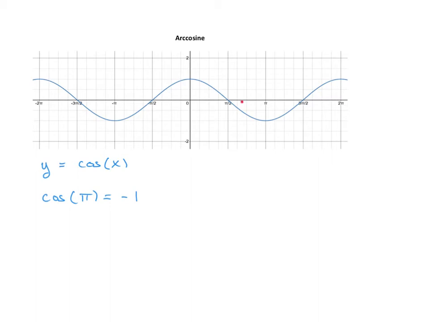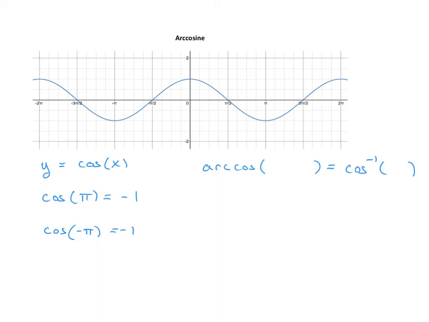Over here, here's cosine of negative pi. It also takes on a value of negative 1. And so these values are coming from this cosine function. If you want to define arc cosine, we'll use this symbol, which you could also write as cosine inverse. And here I see there's a problem.